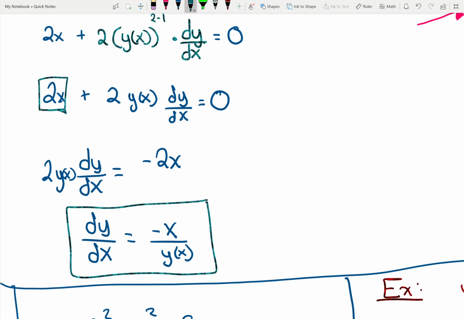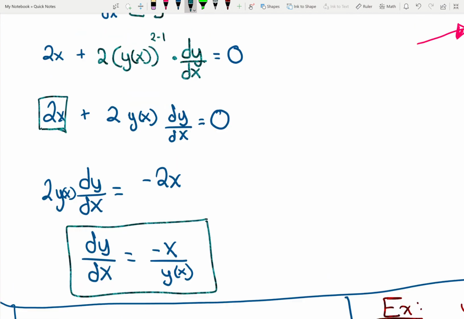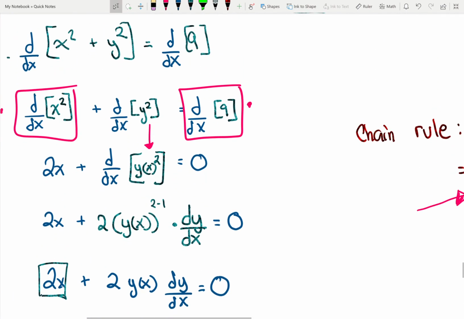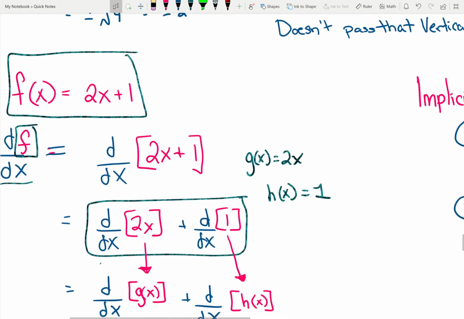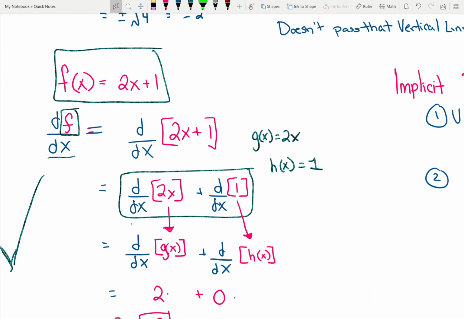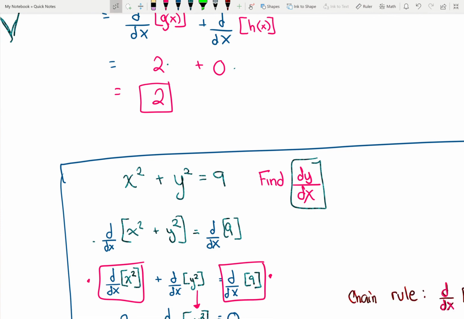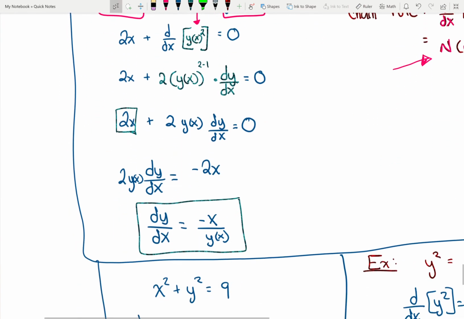Now, alternatively, this is what's working in the background, just like how this is what's working in the background as we differentiate a linear equation like this. But there's an easier way to think about it.